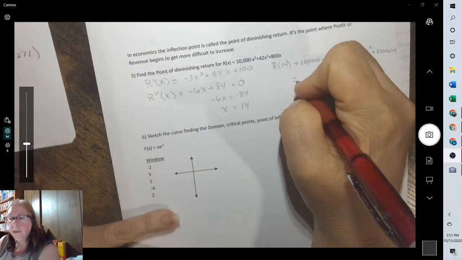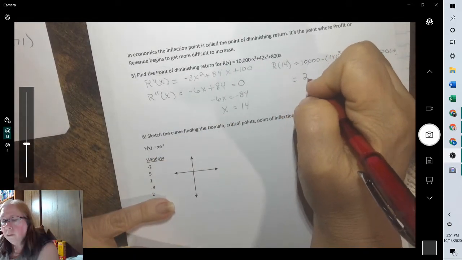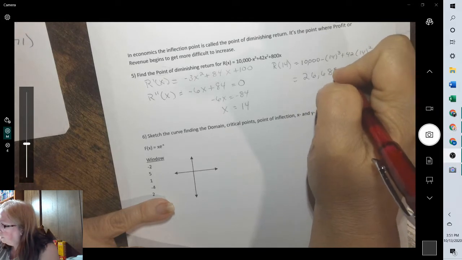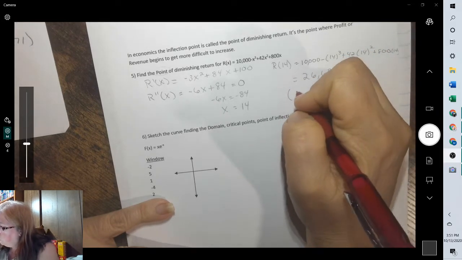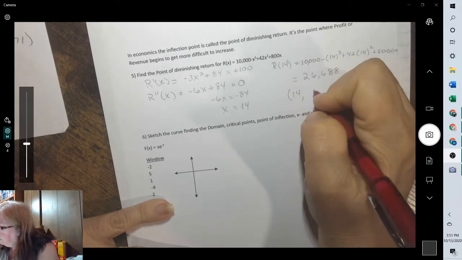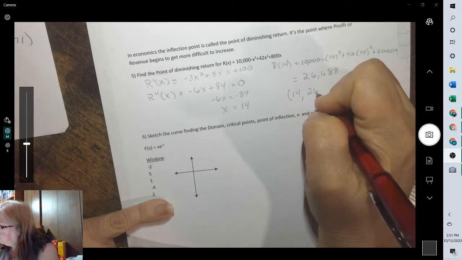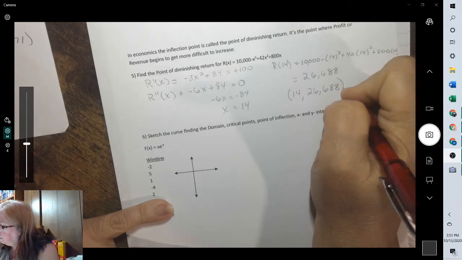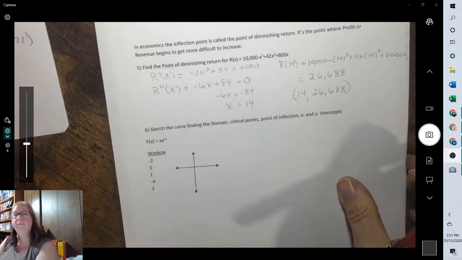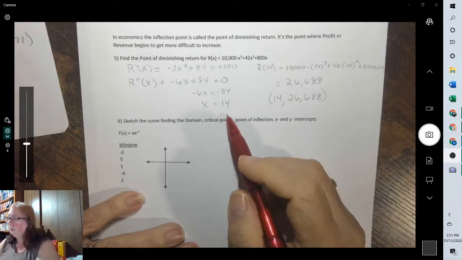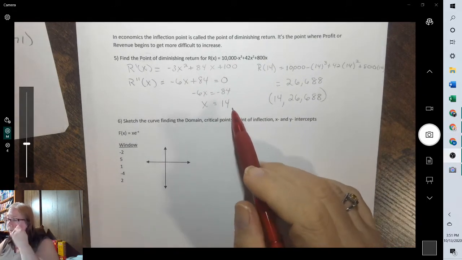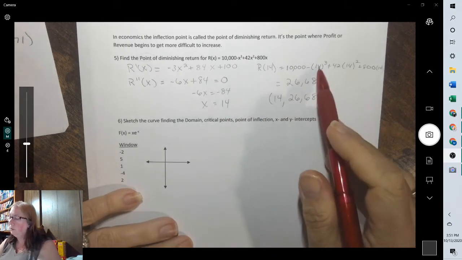And when you calculate that, you get 26,688. So the point of diminishing return is (14, 26688). The biggest thing is once you take that second derivative and set it equal to 0, remember to plug this into the original.